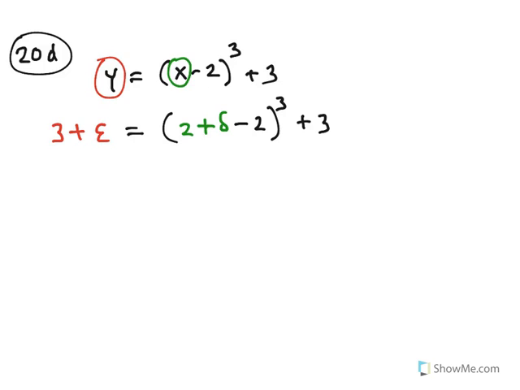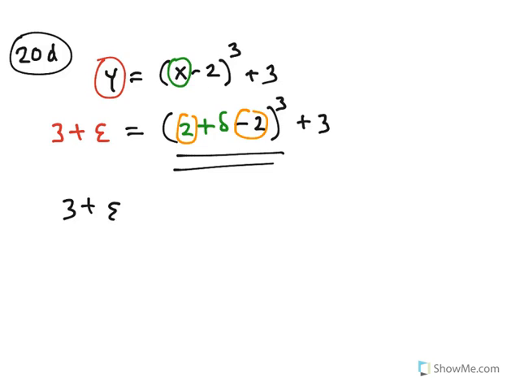So I begin by making the substitution 3 plus epsilon for y and 2 plus delta for x. And now I just want to solve for delta in terms of epsilon. So how do I do that? Well, you can start inside the parentheses and simplify, because 2 minus 2 will be 0.